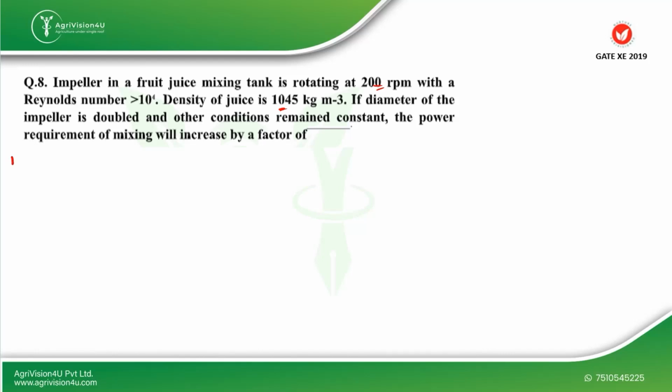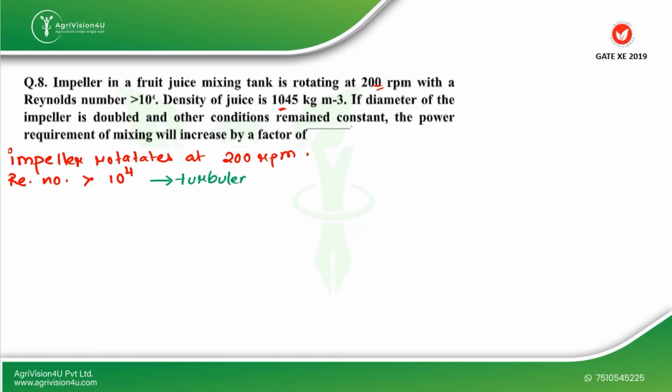So the impeller rotates at 200 rpm and the Reynolds number is less than 10 to the power 4, which is indicating the turbulent flow. Correct.